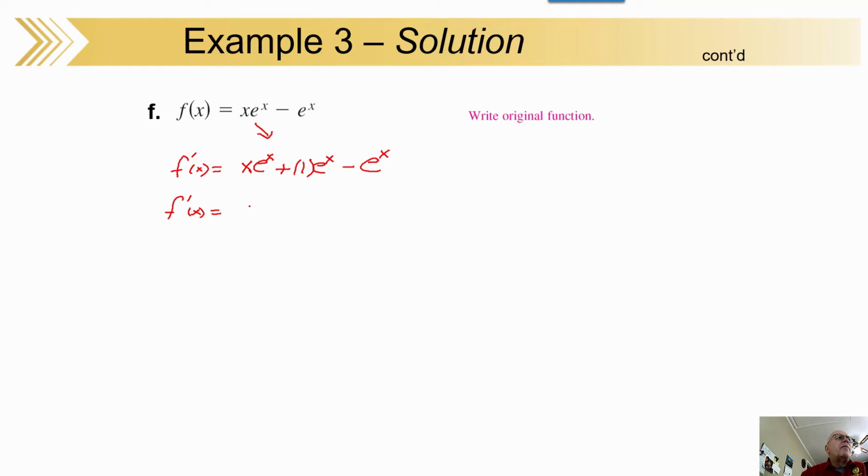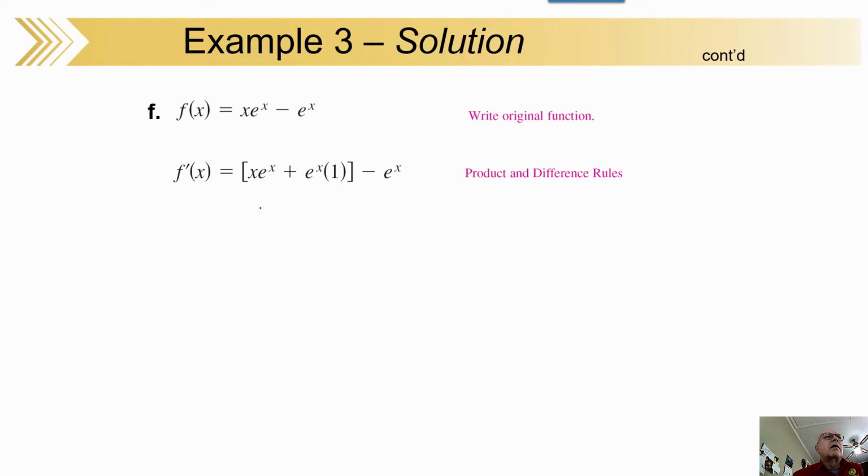The derivative, you've got x e to the x, and then you've got 1 e to the x minus e to the x. So you end up with just x e to the x. How curious. Bet you didn't expect that one.